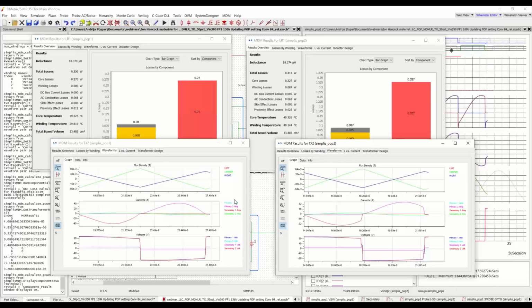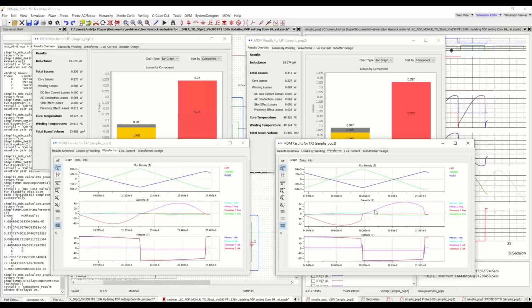I would like to mention one important issue when we're looking at these waveforms, and that is properly setting the frequency and the waveform shape of the transformer or inductor being analyzed.